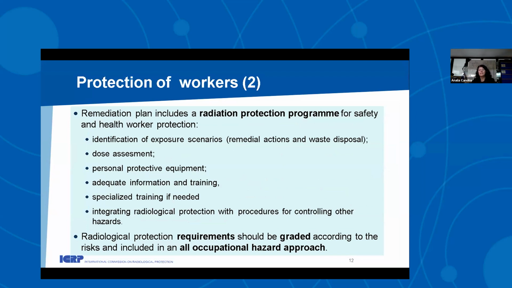Important in the plan: identification of exposure scenarios, taking into account the remedial action, also the waste management or waste disposal if necessary, performing the dose assessment, identifying the personal protective equipment, the information and training. Sometimes, depending on the site, specialized training may be needed for other hazards also, and the integration of the radiological protection with procedures that are in place for controlling other hazards.